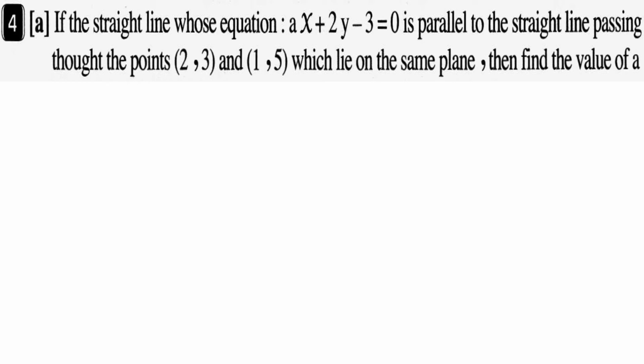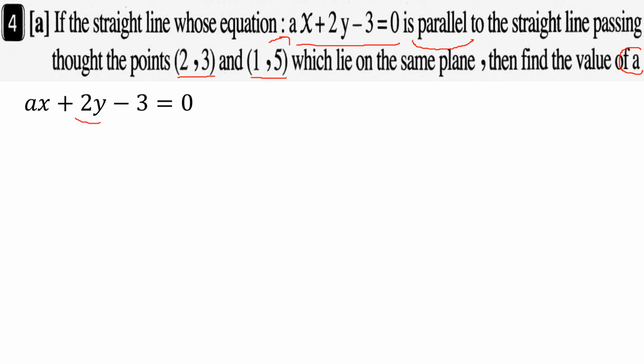Question 4, part A. If the straight line whose equation is ax plus 2y minus 3 equals 0 is parallel to the straight line passing through the points (2, 3) and (1, 5), which lie on the same plane, then find the value of A. He wants me to find the value of A. First, we take the first straight line and write the equation. So ax plus 2y minus 3 equals 0.